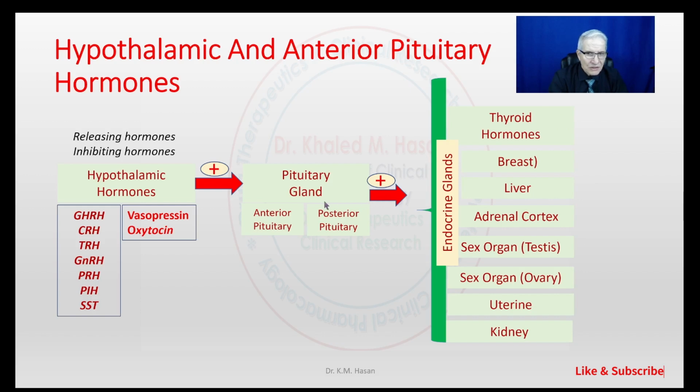The pituitary gland stimulates the thyroid gland, the breast, the liver, the adrenal cortex, sex organs in male and female, the uterus to contract under the effect of oxytocin, and the kidneys under the effect of vasopressin. We are going to speak about all these connections between the hypothalamus, pituitary and target organ glands.